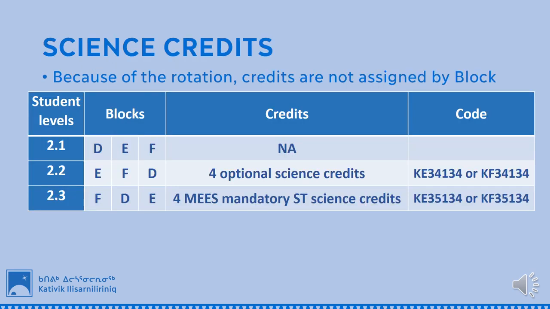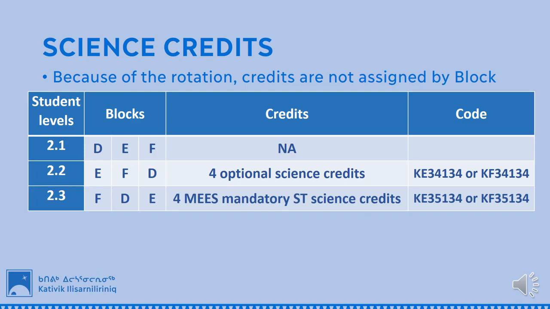The ministry requires that all Quebec students must have a minimum of 4 science credits from the Secondary 4 Science and Technology course to graduate high school, including a ministry exam. Since the concepts for this course, as well as the Secondary 3 ministry course, are spread out equitably over a 3-year rotation, KI students receive 8 science credits.